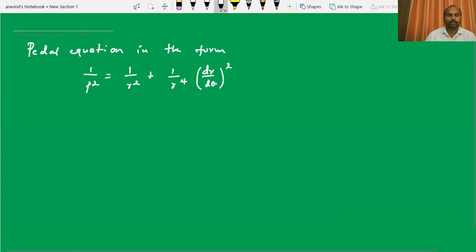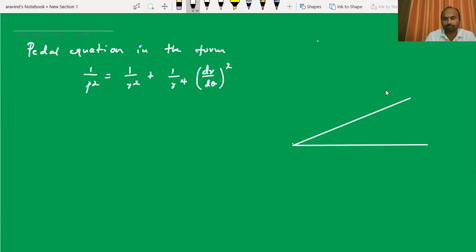So in this video, I will explain how to find the derivation of the pedal equation. For that, first I'll draw a figure. This is the initial line, and this will be the radius vector, and then draw a curve.